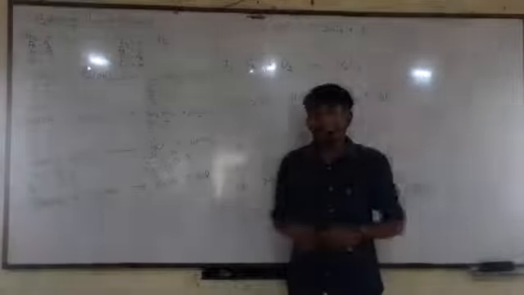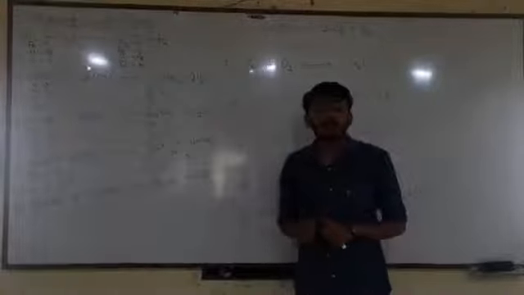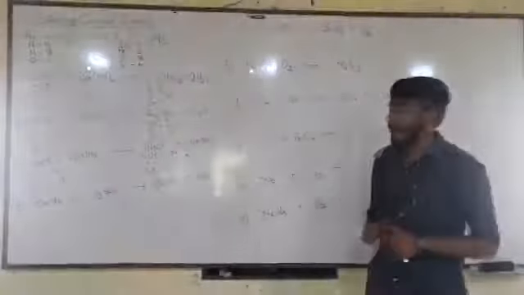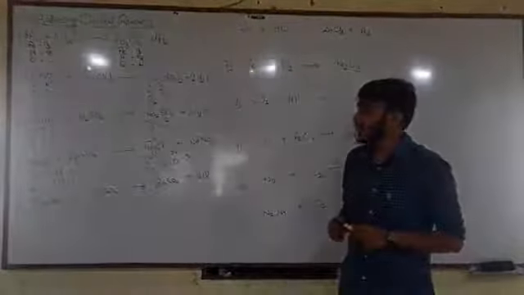Okay. Let us go on to the fifth question, and that is BaCl2, also known as barium chloride. So BaCl2 plus H2SO4. Let us see what is Ba over here.